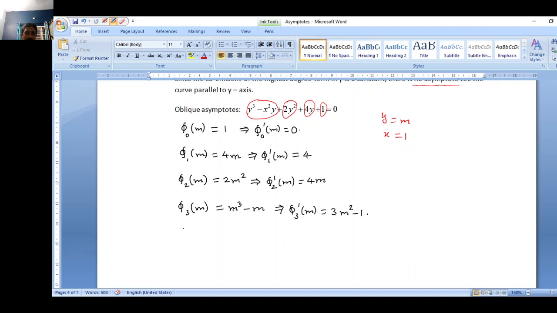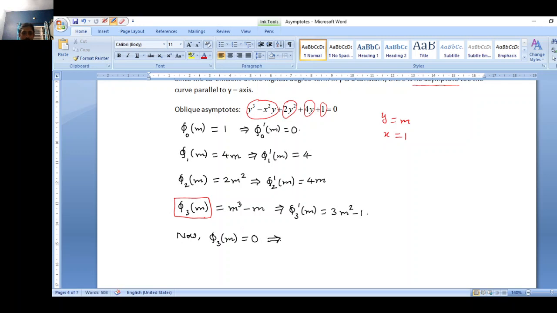Now, as I said, the next step will be to take phi 3 of m equal to 0, because this is the highest degree term. I'm just marking it this way so that you will be able to understand what this means. So take phi 3 of m equal to 0 and solve it.